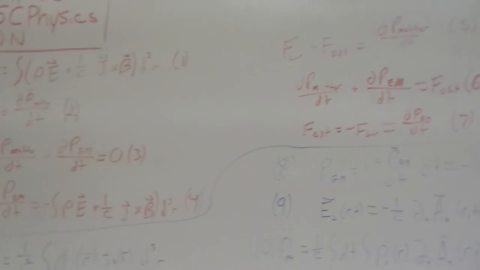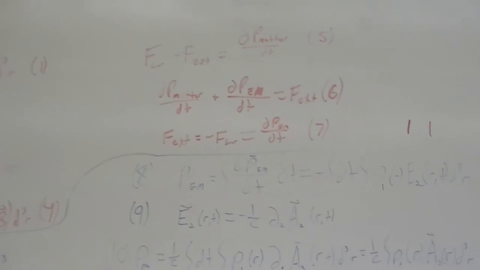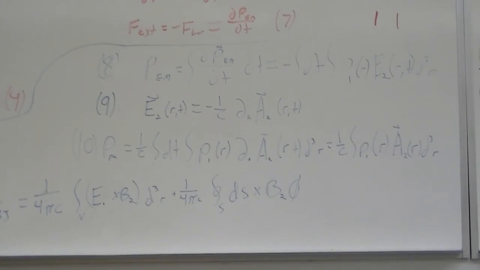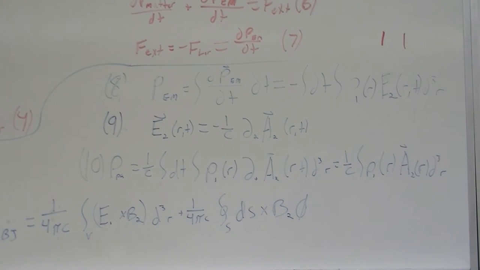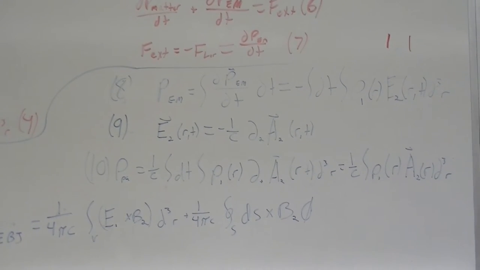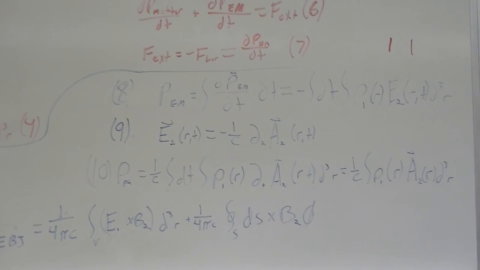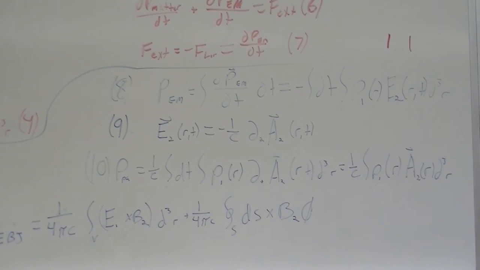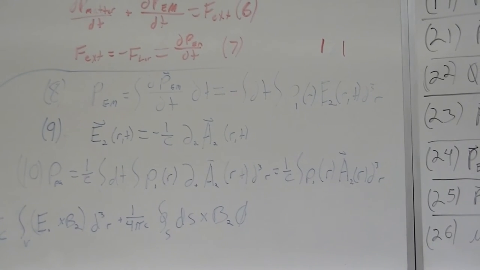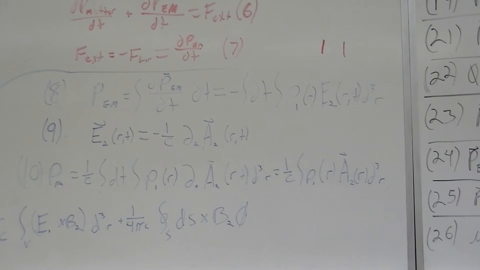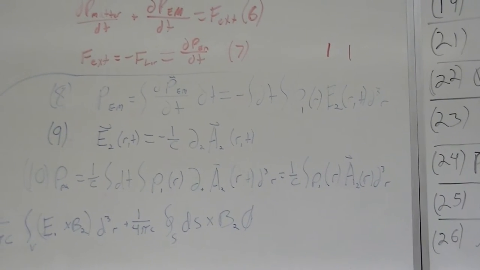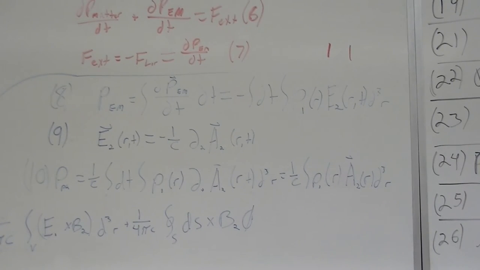Now, these blue equations right here, starting at 8, are part of the second main section, which is electromagnetic momentum of static charge current distribution. This top equation, equation 8, is just equation 4 from earlier, but integrated over time.